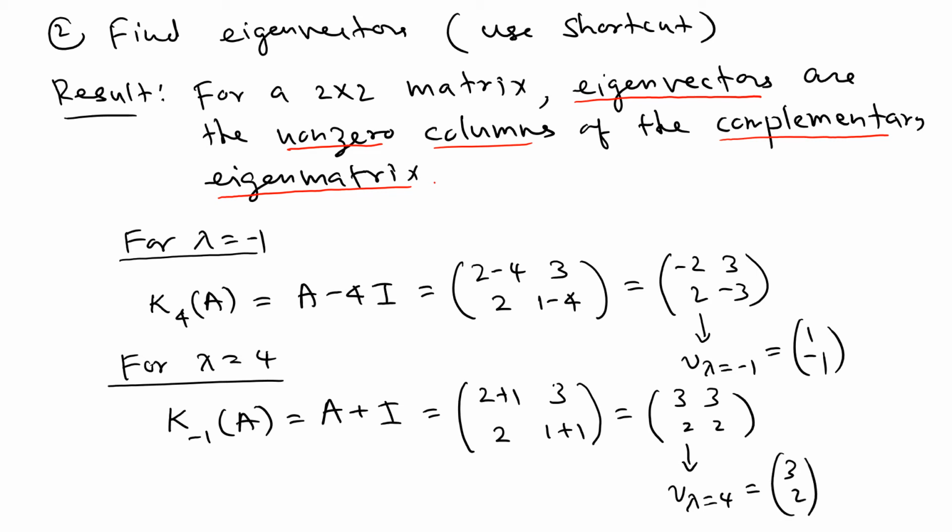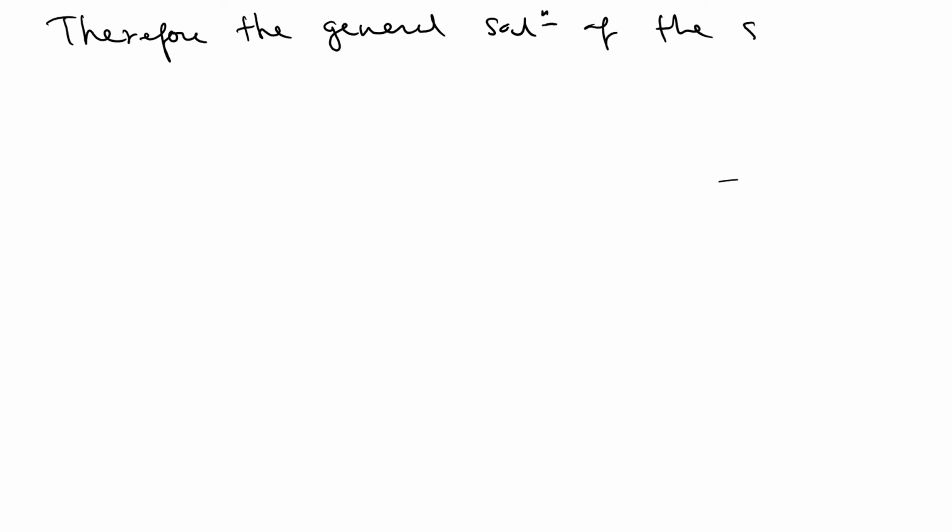Now what we can do is write the solution. It's very simple. Therefore, the general solution of the system is X, which is C1 times the eigenvector times e to the lambda 1 t, plus C2 times the eigenvector times e to the lambda 2 t.